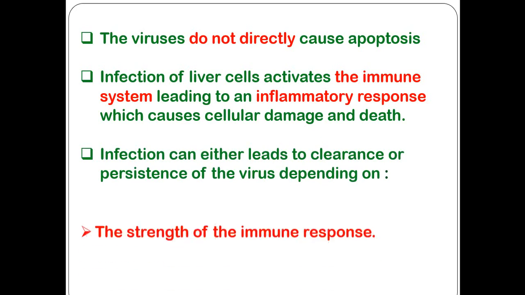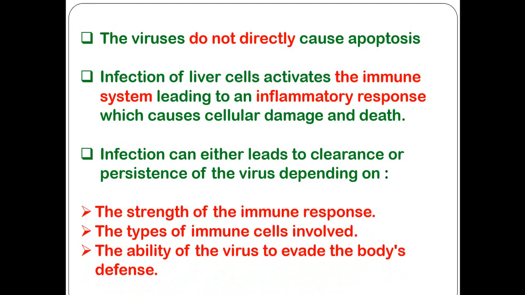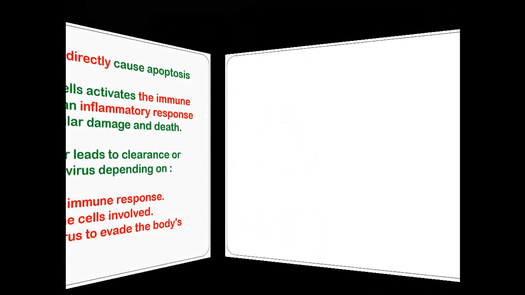First is the strength of the immune response of the body, the second is the type of immune cell involved in the immune response, and third is the ability of the viruses to evade the body's defense. This will affect whether the viral infection due to hepatitis viruses will be acute or chronic.